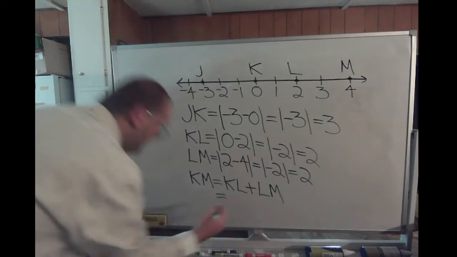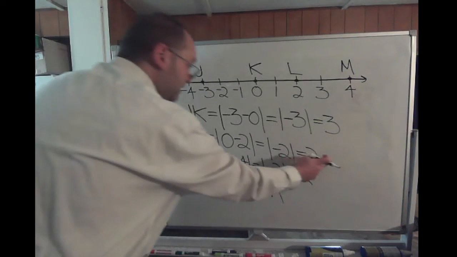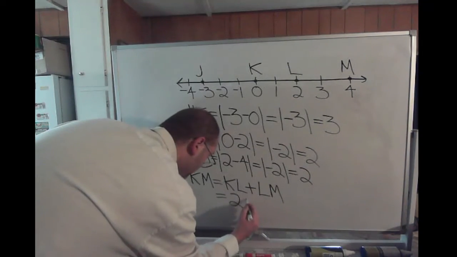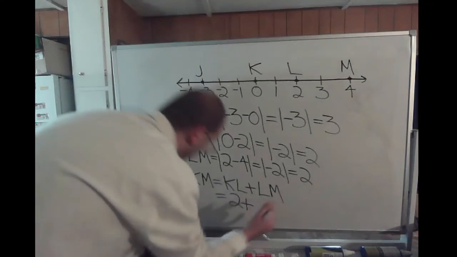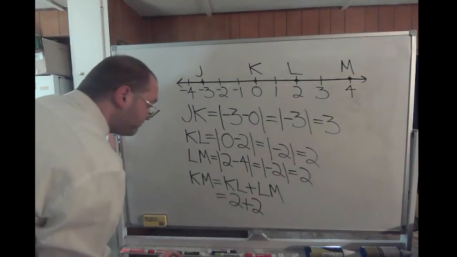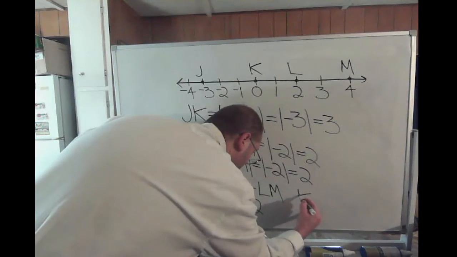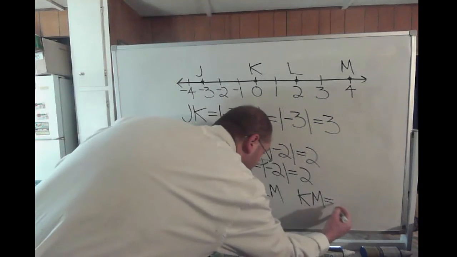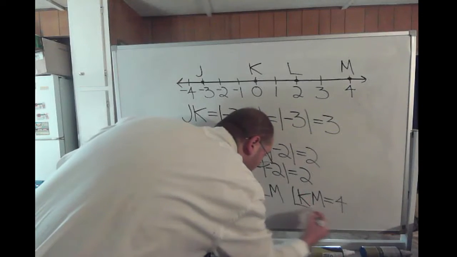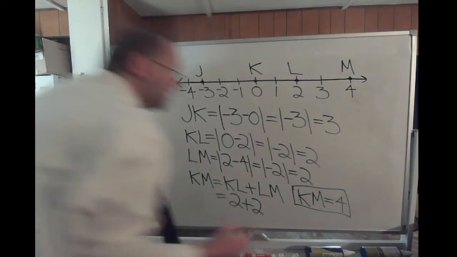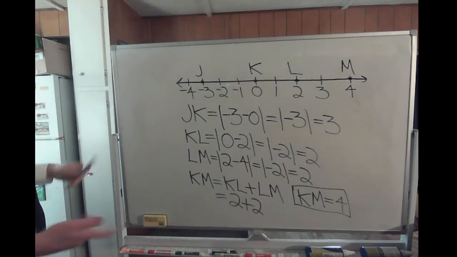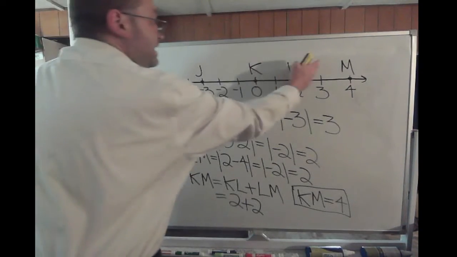So let's stick in the values here. KL was equal to 2, plus the length of LM also equal to 2. 2 plus 2 last time I checked was 4, so the length of KM is equal to 4.